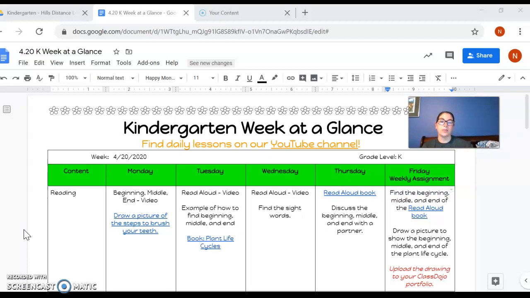So we're going to be reading about their life cycle and practicing finding the beginning, the middle, and the end of their life cycle. A lot of you put that one way to help our planet is to plant different types of flowers or trees, and that is definitely true.